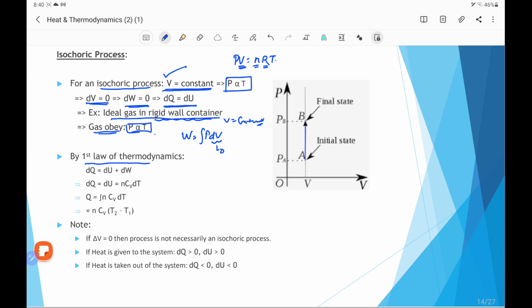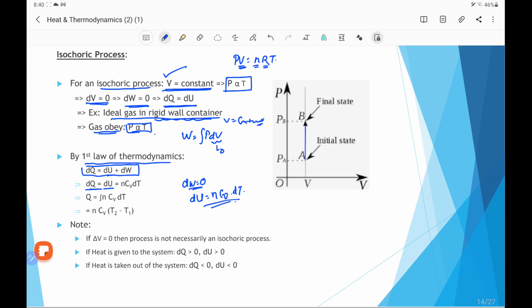Using the first law of thermodynamics, which is dq equals du plus dw, heat equals the change in internal energy plus work done, and we can write dq equals du as dw equals 0 for the isochoric process. And du, the change in internal energy, is the number of moles multiplied by the molar heat capacity at constant volume and the temperature change.